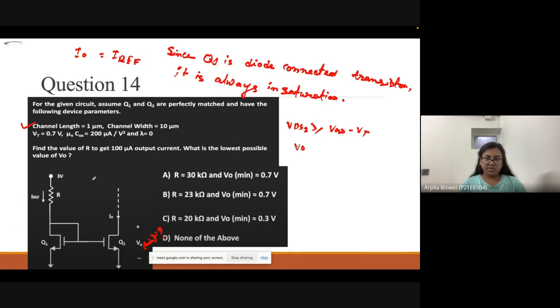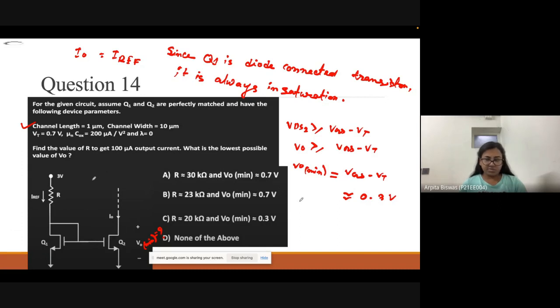So VDS2, we can write V output, greater than or equal to VGS minus VTH. So the V output minimum value is VGS minus VTH, which is 0.3 volt. So the V output value is 0.3.